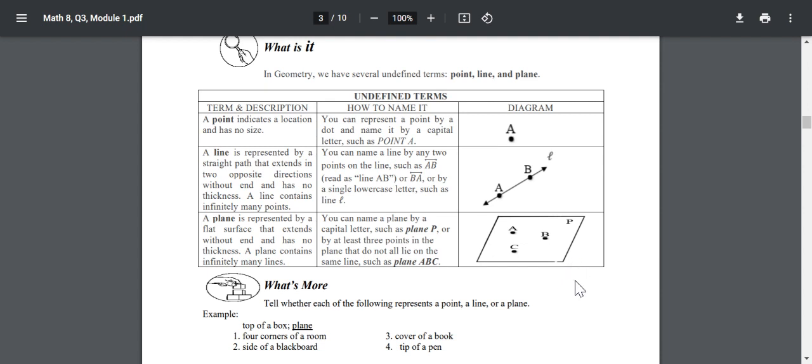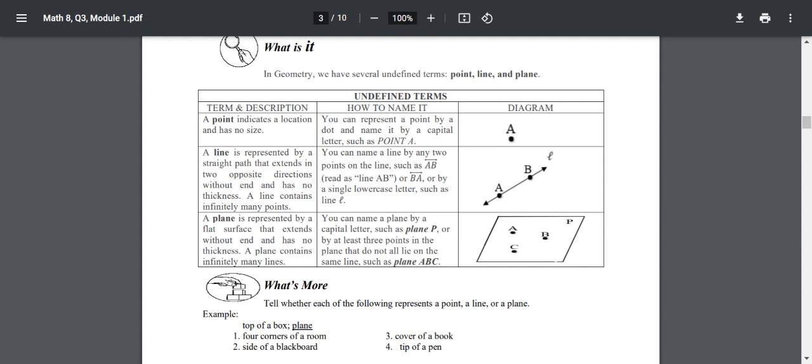Na point A, point C, point B, na tulo ka point. So pwede ni sila nato gamiton as name of our plane. So this is plane ABC. Pwede na to magamit ang point, tulo ka point, as long as wala sila naglumbay, wala sila naglinya. So this is plane ABC, or a single capital letter, plane P.